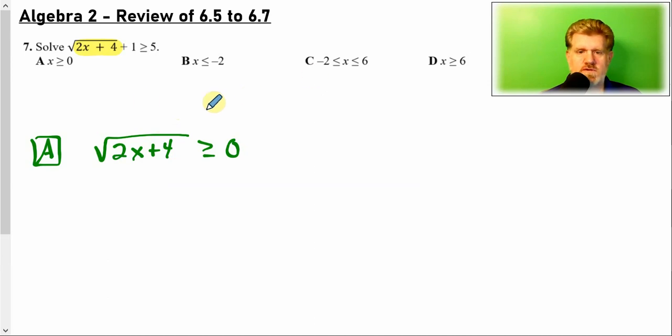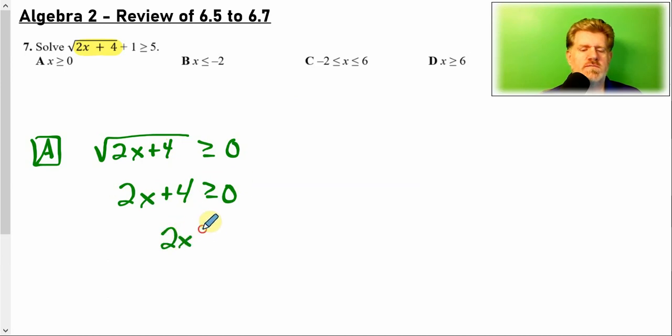Has to be. You can't have a negative under there. All right, so let's subtract 4 from both sides. Divide by 2. So I know x has to be greater than negative 2.